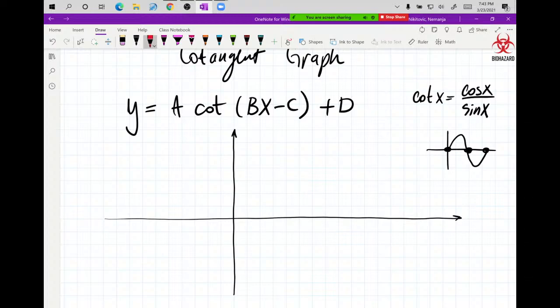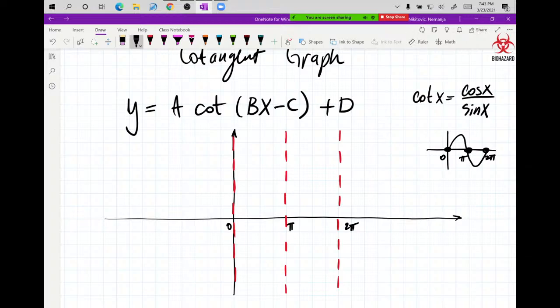And we have an asymptote, obviously, at 0. Let's go 4, have another asymptote. Another 4, have another asymptote. And these are our 0, pi, and 2 pi, which we see on our sine graph.